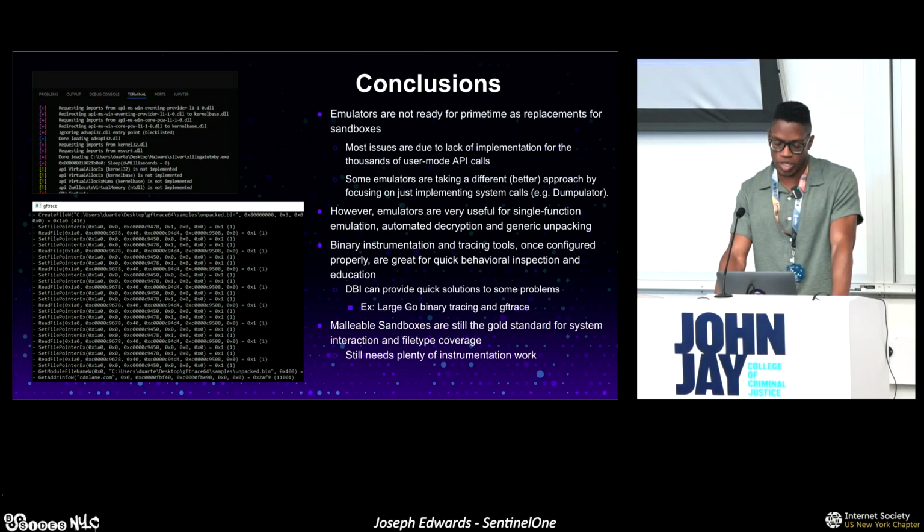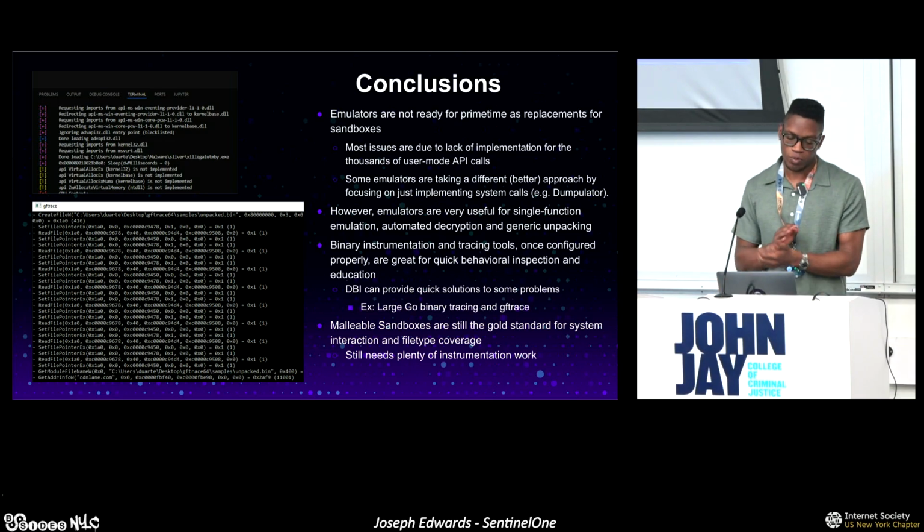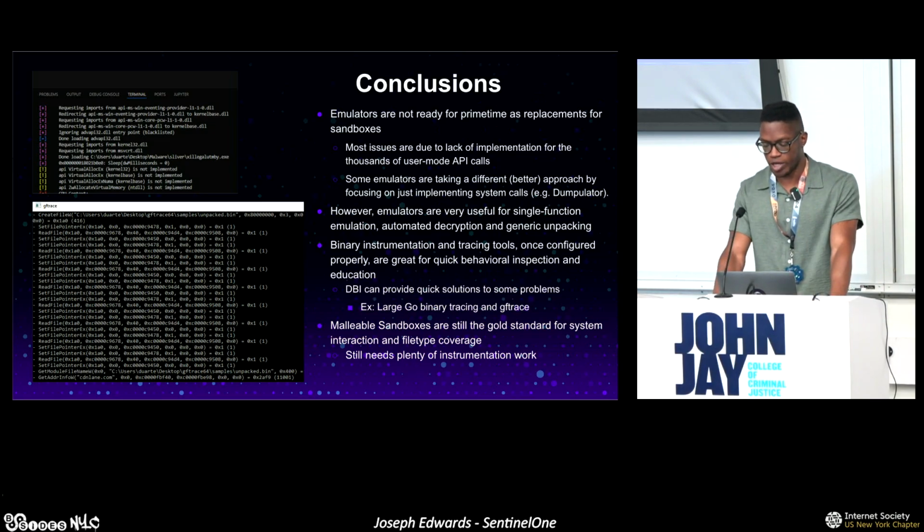That's what you'll run into with most of the emulation frameworks: not enough of the APIs are implemented for you to get a complete picture of what's happening in the binary. Now, there's a framework called Dumpulator, written by the author of the x64dbg tool, and he's getting around this by focusing on the syscalls, the very low-level stuff like ZwAllocateVirtualMemory.